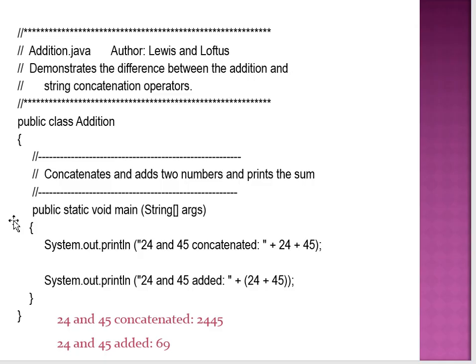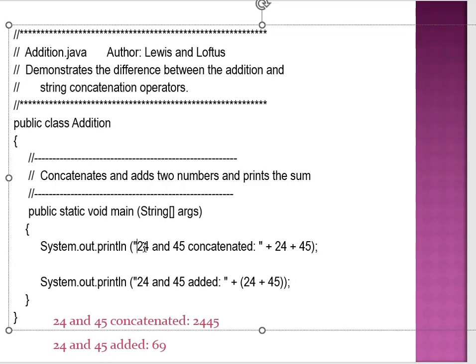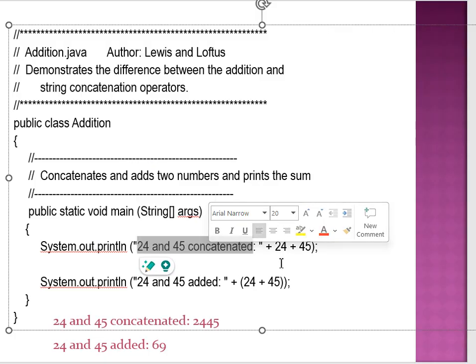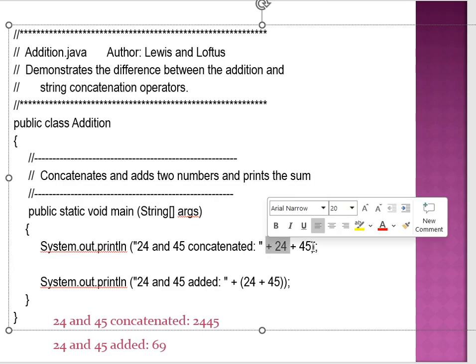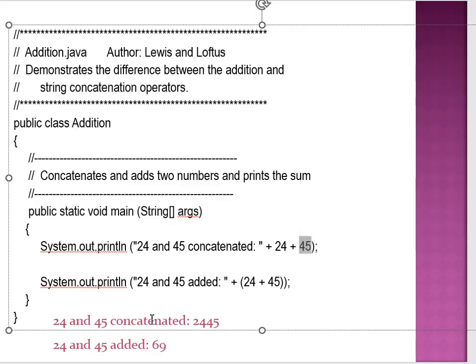Look at this. We have here in the print line statement the values 24 and 45 concatenated. Listen here: 24 and 45 concatenated in a string. Here we can concatenate this one and this one, 45.